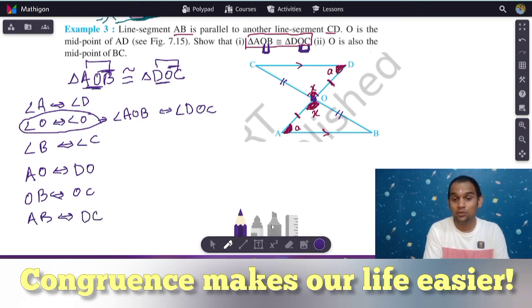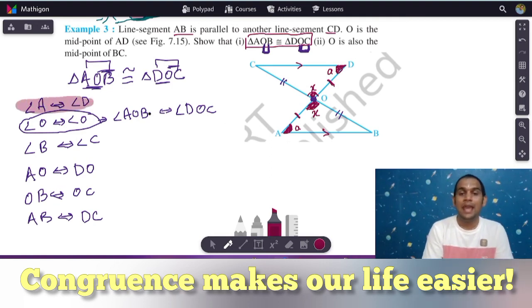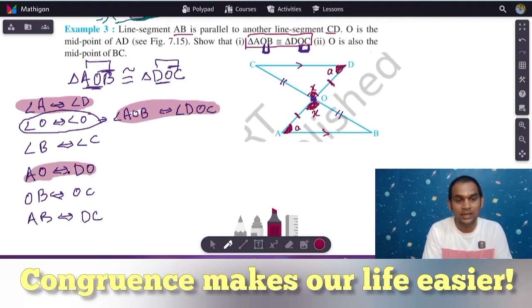Now, as I told you earlier, any three parts are required to prove congruence. So over here, which three have we used? Angle D and angle A, we showed as equal. AOB and DOC we used as vertically opposite angles, and sides OA and OD. These three we used to prove that AOB is congruent to DOC.